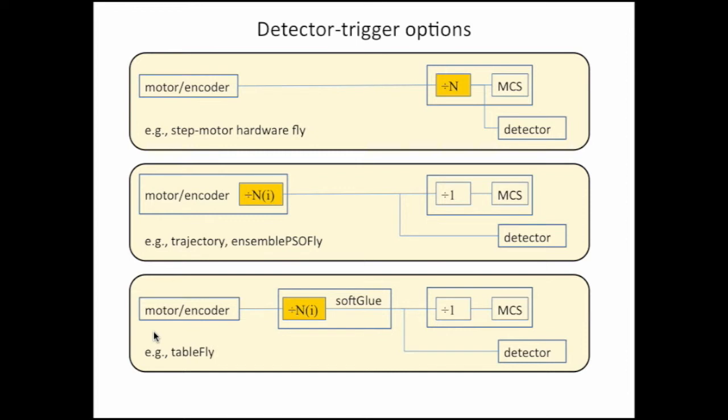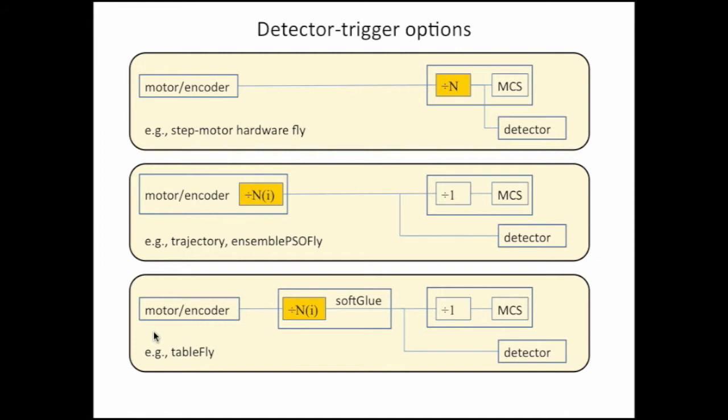If you're using a stepper motor or a motor that doesn't have this capability, a servo that can do a trajectory but doesn't have the ability to send out pulses at user-specified places, you can do this with softglue. Softglue can implement a divide by n that's programmable, and each time a pulse comes out, it will write the next value out of the array into the divide by n.